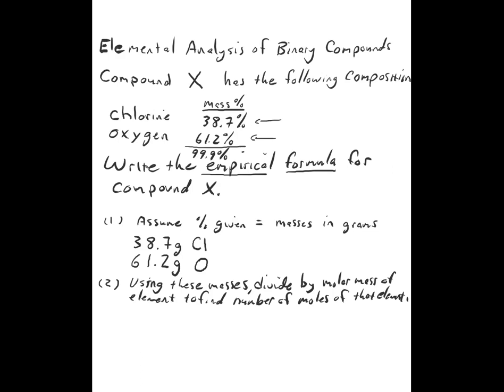Chlorine and oxygen are the two elements that we're dealing with here. So we divide by the molar mass. Let's do chlorine first.